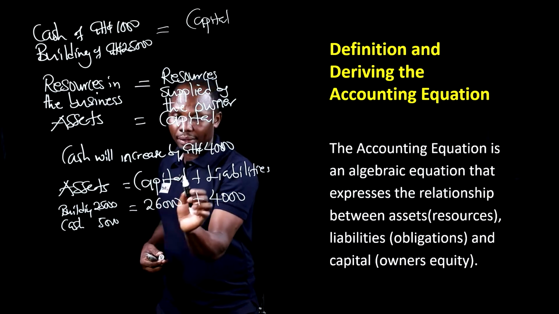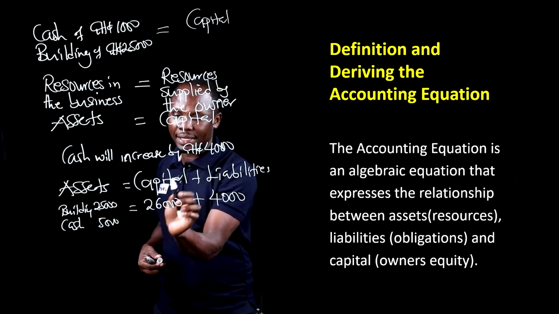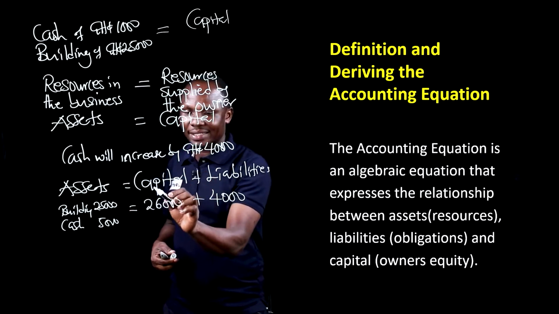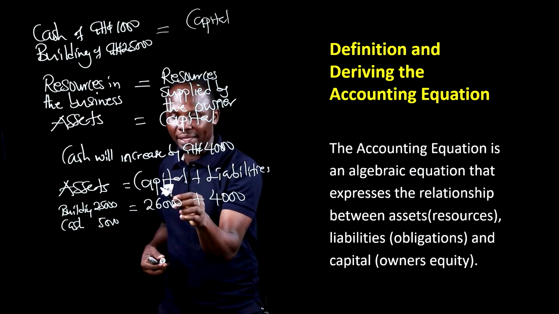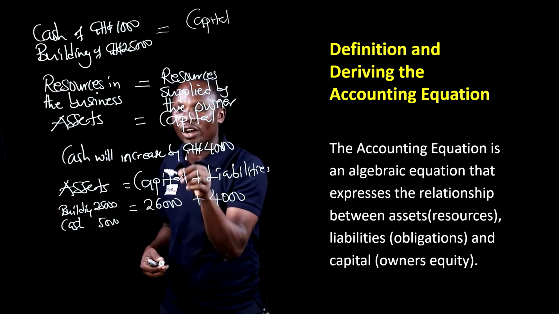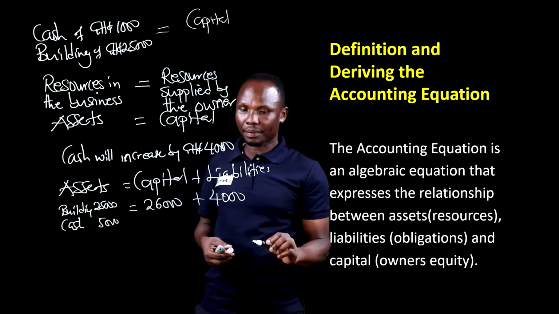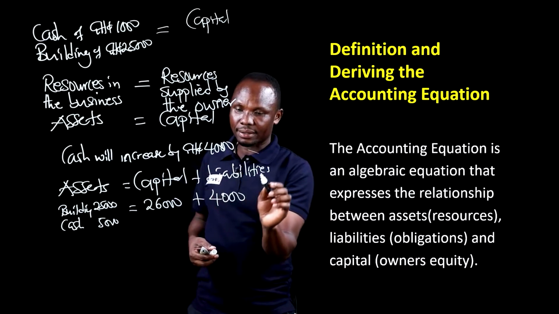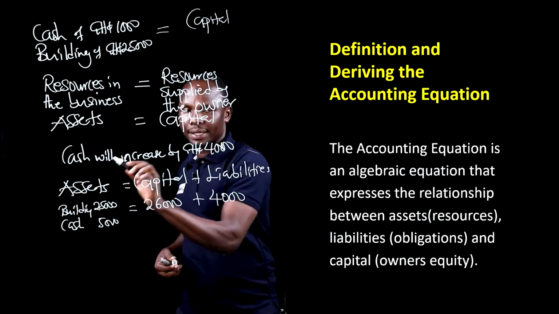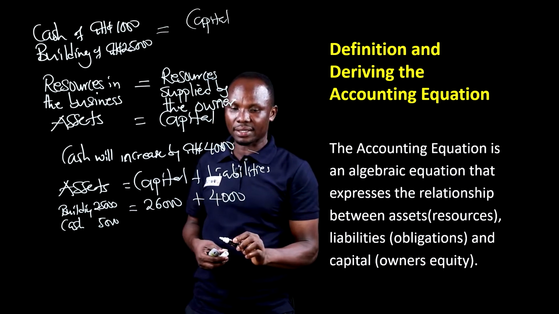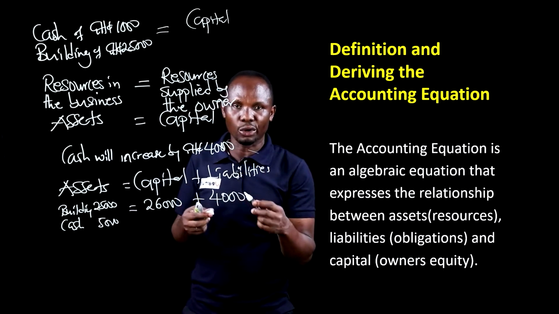So capital is a method of financing the resources that does not require repayment but represents ownership in the business. Liabilities are a method of financing the resources, that is the assets, that requires repayment.